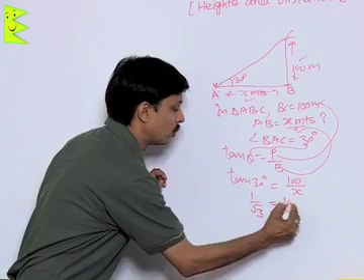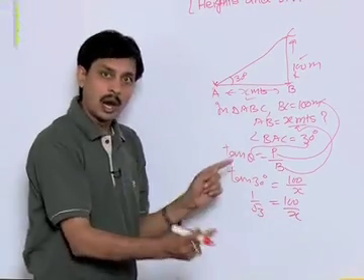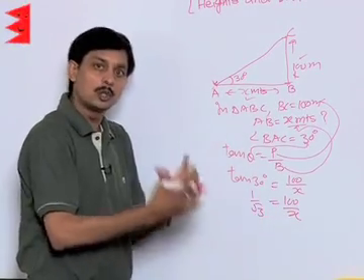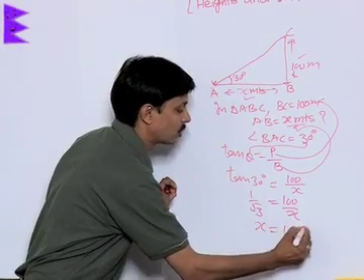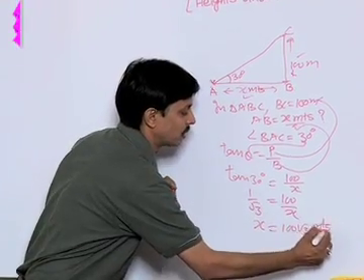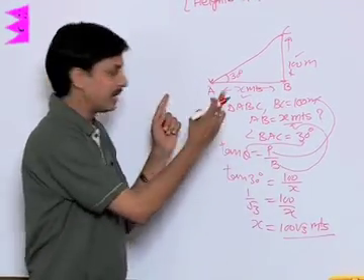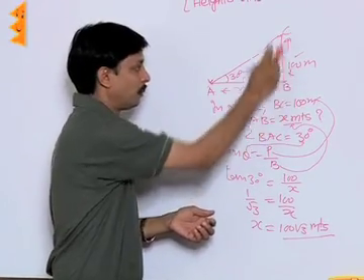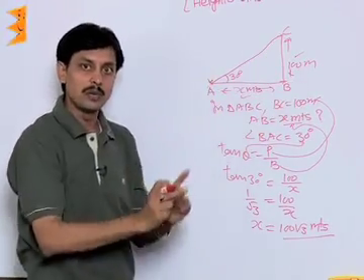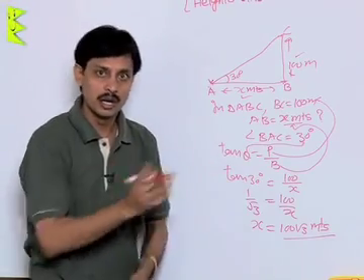So 1 by root 3 is equal to 100 upon x. Now if we cross multiply to find the value of x, we get x equals 100 root 3 meters. Hence we can find the distance of the base of the pole from the point of observation under the given condition.